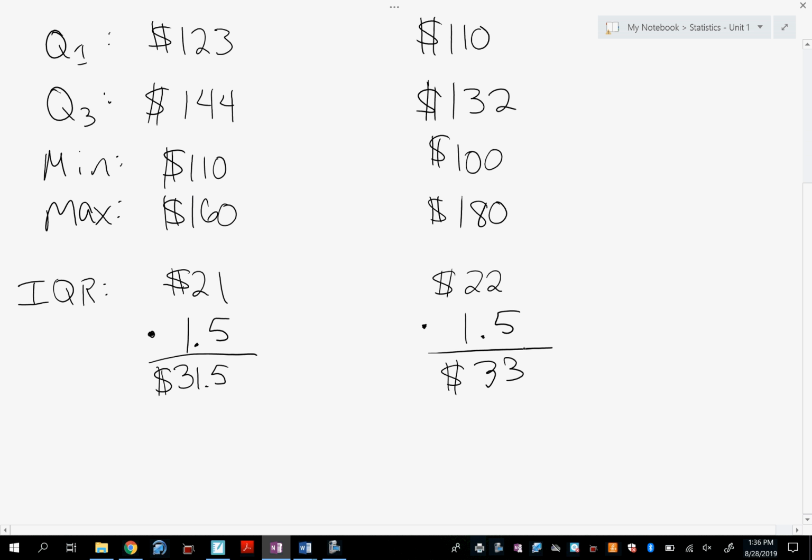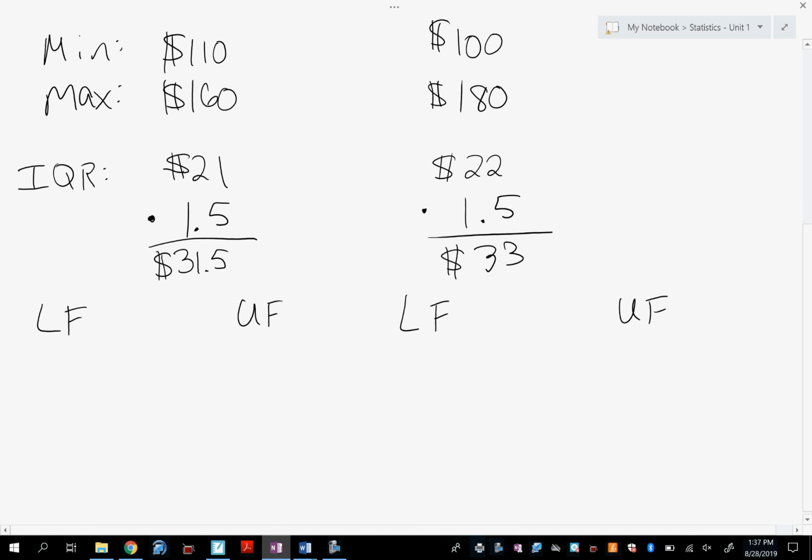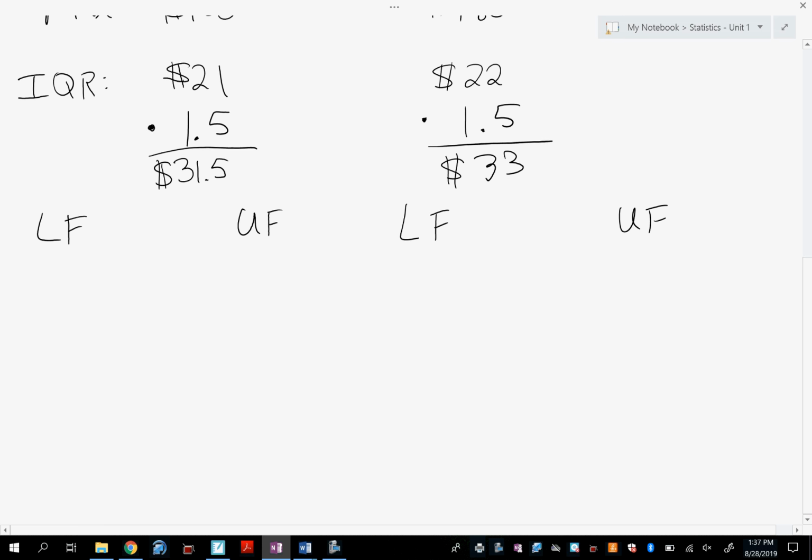Now, let me show you how to calculate the lower fence and the upper fence for each of these. So from now on, if you see LF and UF, know that those stand for lower fence and upper fence. All right, does everyone see how we calculated these, 1.5 times the IQR? Those are your main numbers.